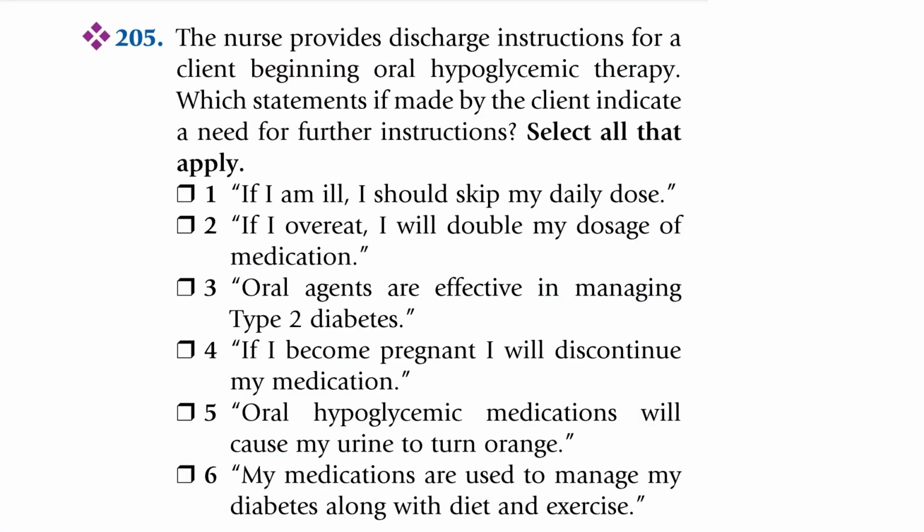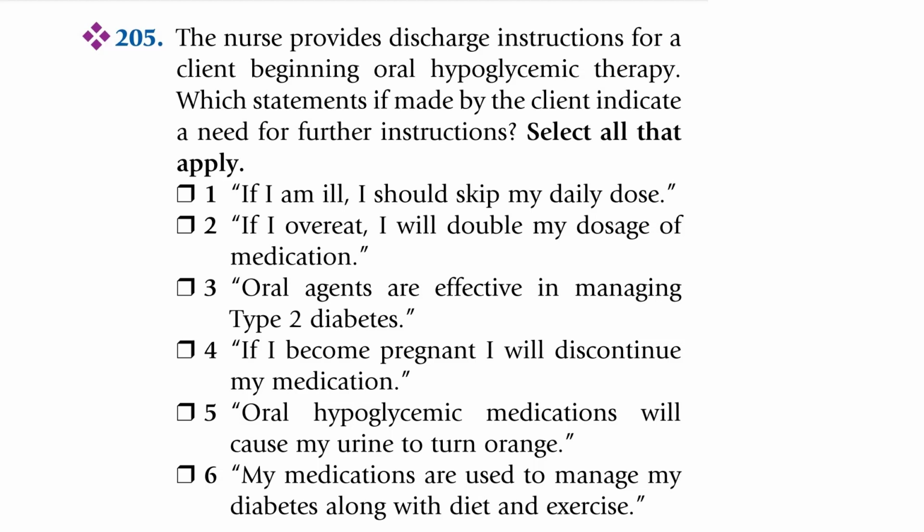205. The nurse provides discharge instructions for a client beginning oral hypoglycemic therapy. Which statements, if made by the client, indicate a need for further instructions? Select all that apply. 1. If I am ill, I should skip my daily dose. 2. If I overeat, I will double my dosage of medication. 3.